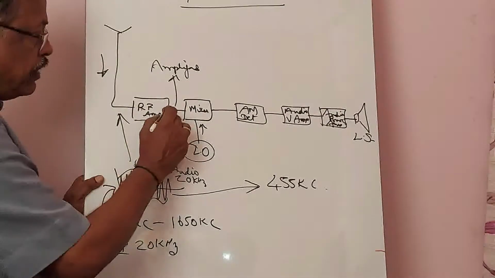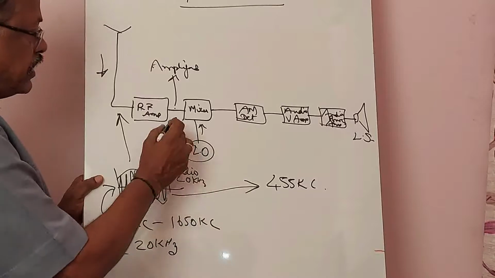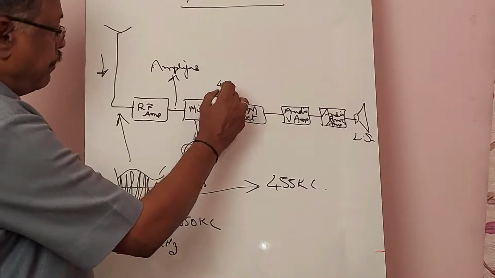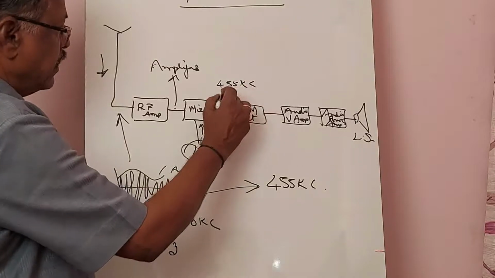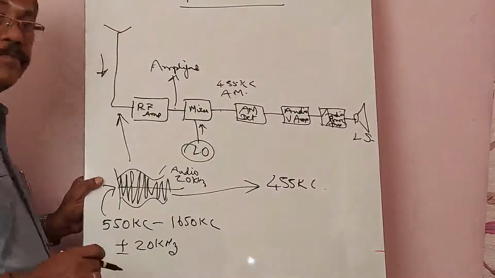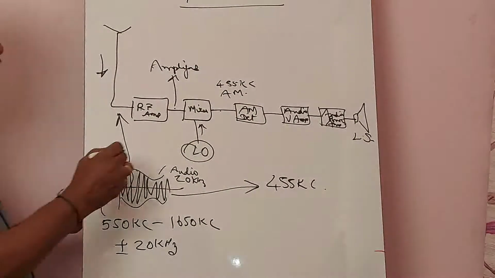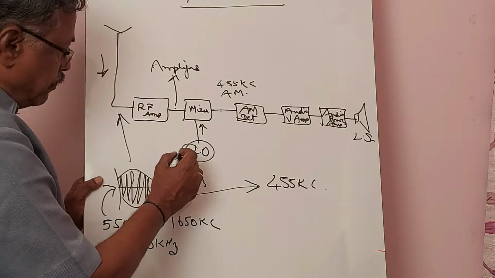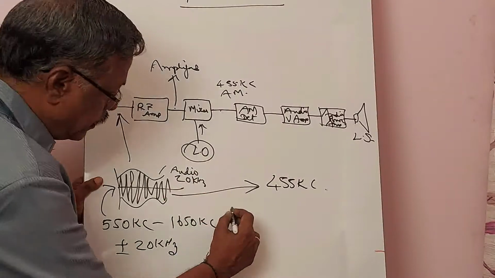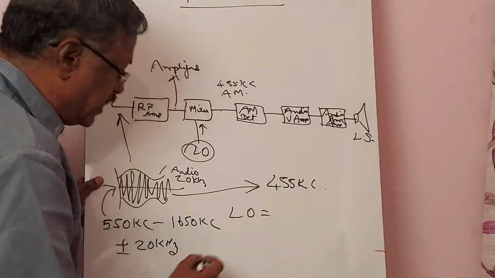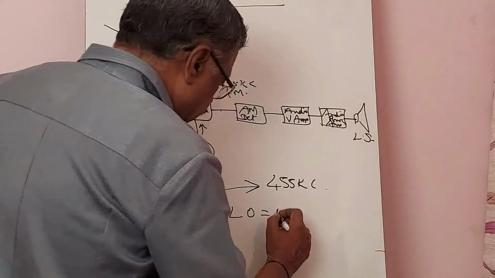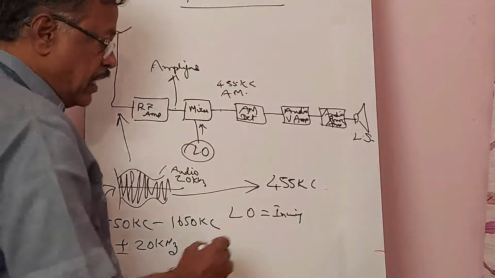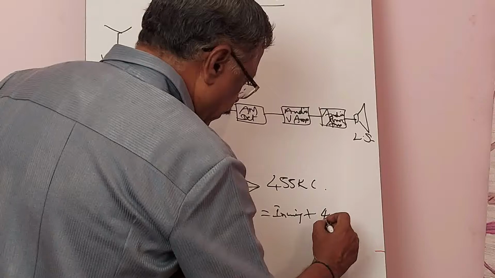Whatever we receive here, that frequency is mixed with the local oscillator signal, so that here you will get a 455 kilocycles AM modulated signal. How is it possible? The local oscillator is a high frequency generator, and it is going to generate a frequency that is the incoming signal plus 455.